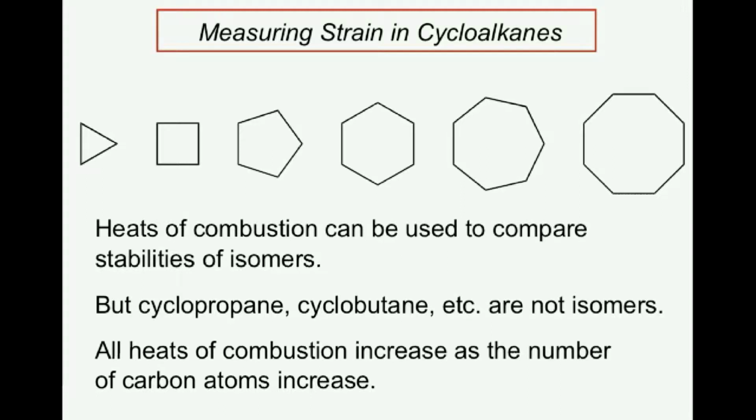If we want to compare the strain in each one of these alkanes, what we can do is consider the relative heats of combustion for each one of these. Heats of combustion for any particular compound increase as the number of carbon atoms increase. So we know they should go up linearly as we move from cyclopropane all the way to cyclooctane.